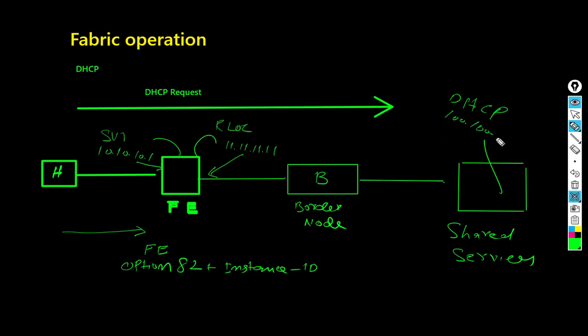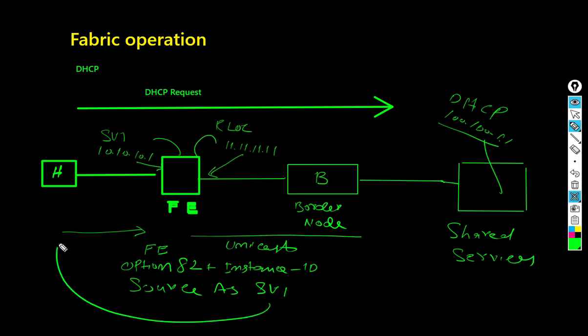So let's take a look. The DHCP server receives the packet, which is unicast from the source IP address of the SVI and destined to the DHCP server in the shared services area outside the fabric. So the process is now complete.